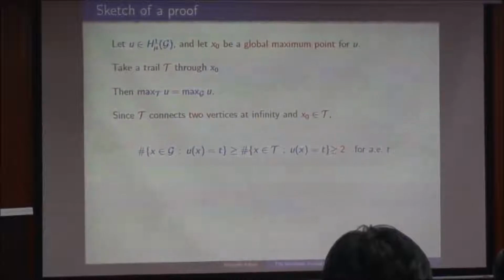So every t has at least two pre-images already on the trail, so a fortiori it has at least two pre-images on the graph.